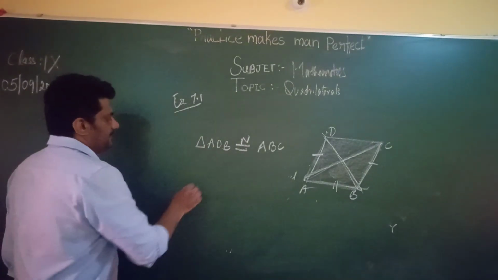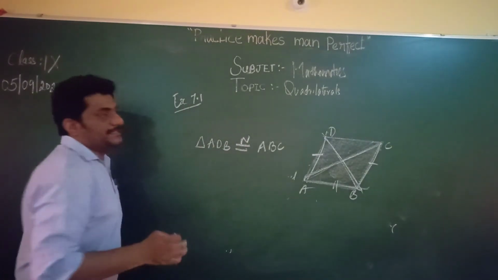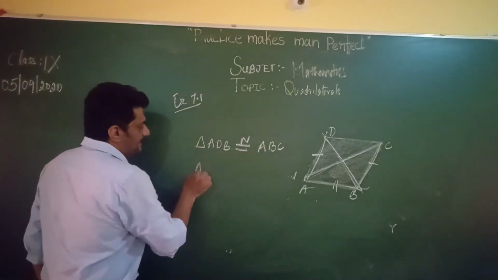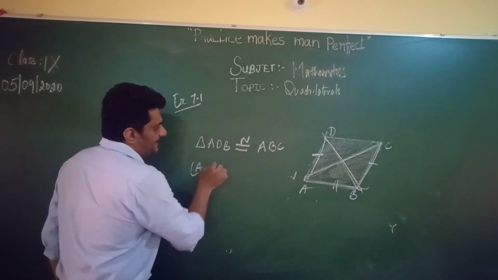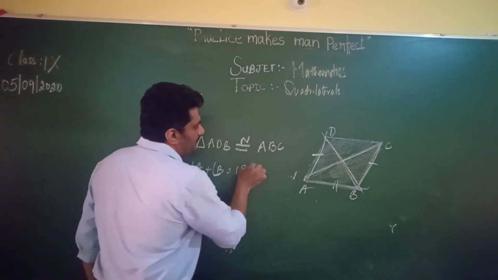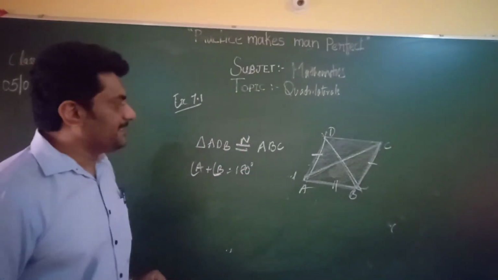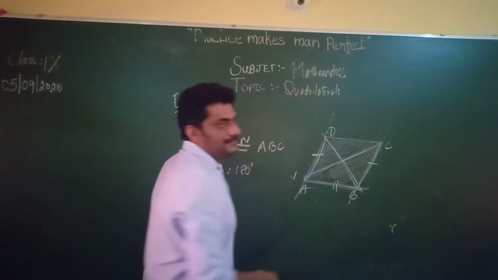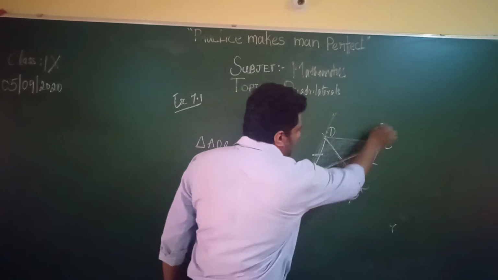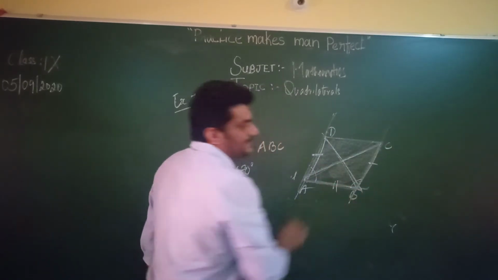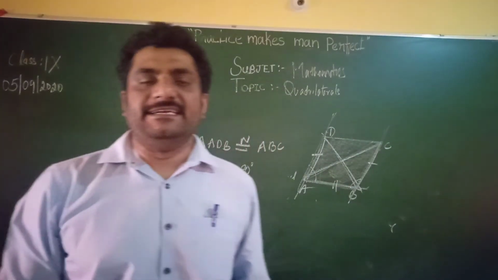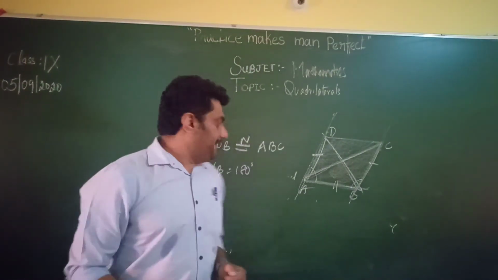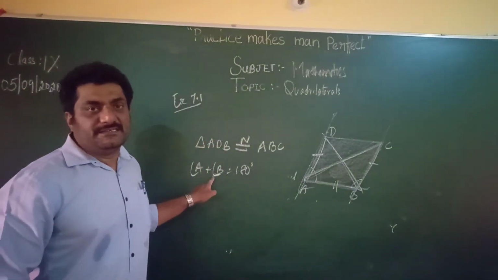And then, can I prove that the adjacent angles, that means angle A plus angle B, is equal to 180 degrees? Is this correct? Why? Because these two are parallel lines, and these two angles are co-interior angles. The sum of co-interior angles is always equal to 180 degrees. That is the reason I have written this.